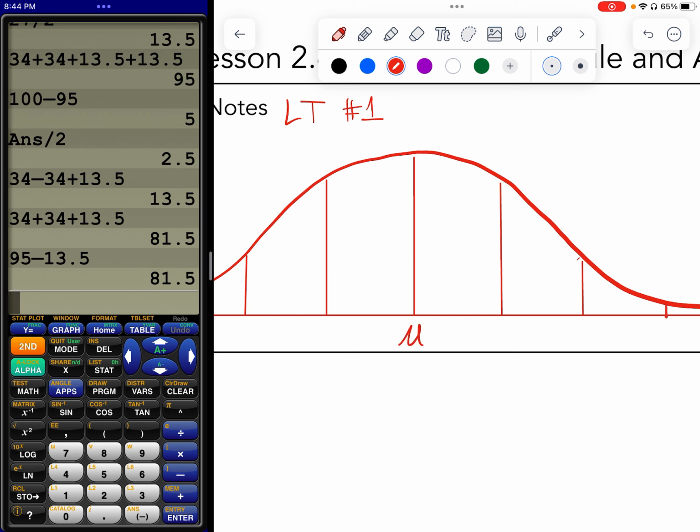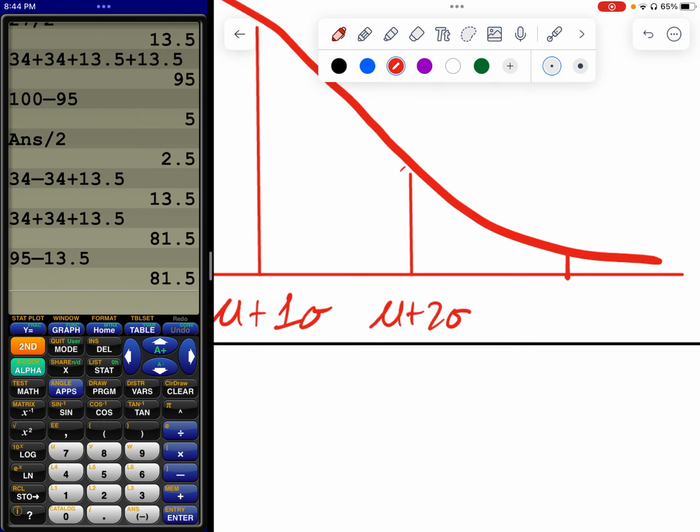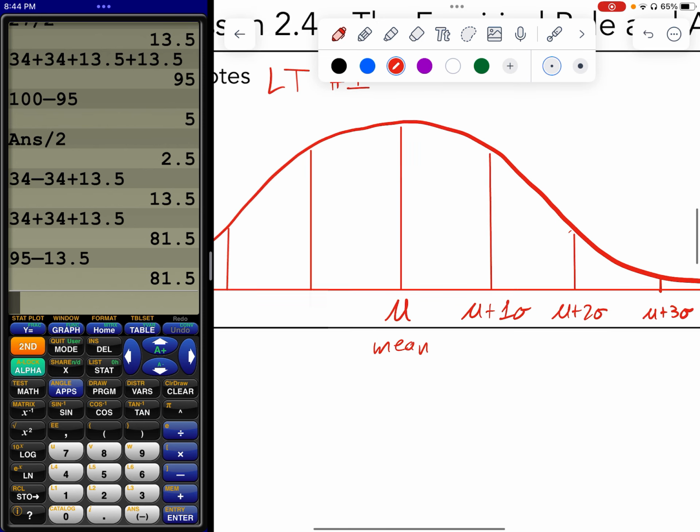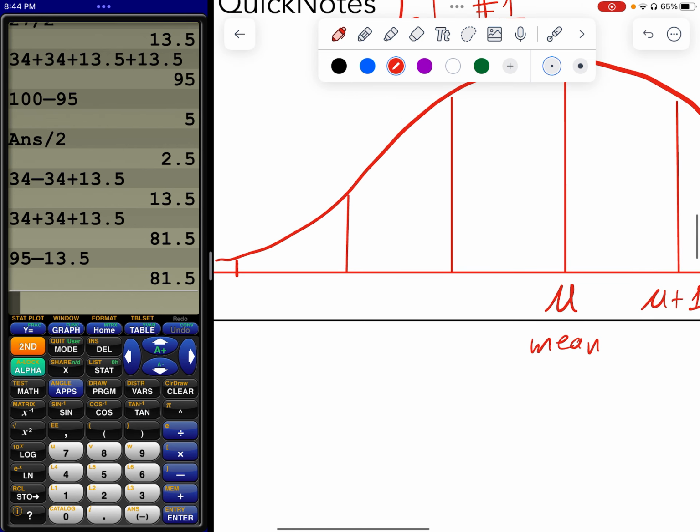Mu is always the middle. That is always the mean. Okay. And then we have mu plus 1 sigma, 1 standard deviation, mu plus 2 sigmas, and mu plus 3 sigmas. Okay. And then likewise the other way.